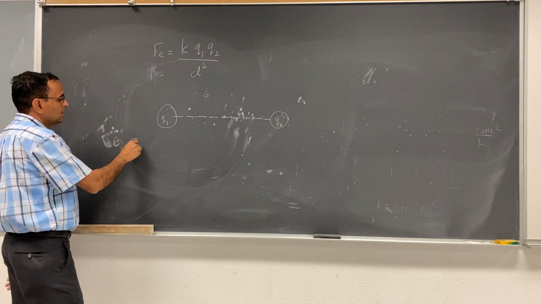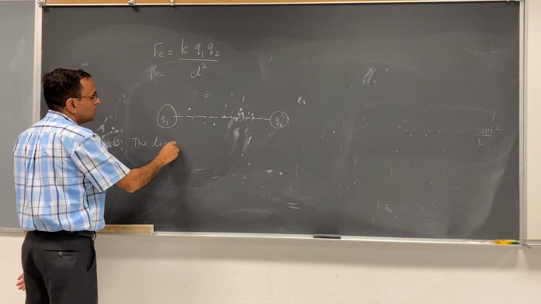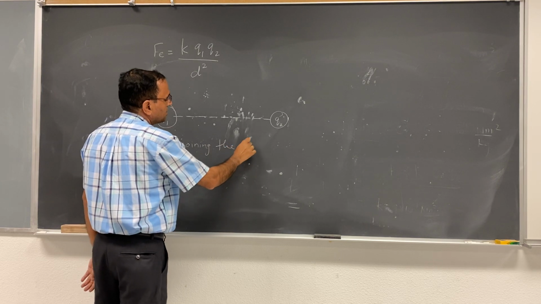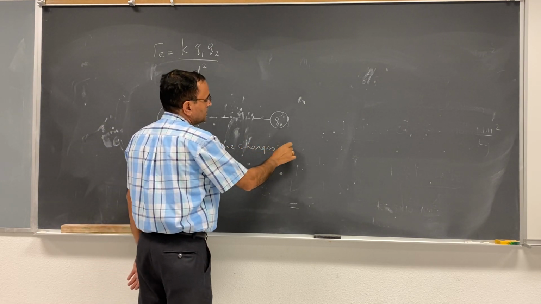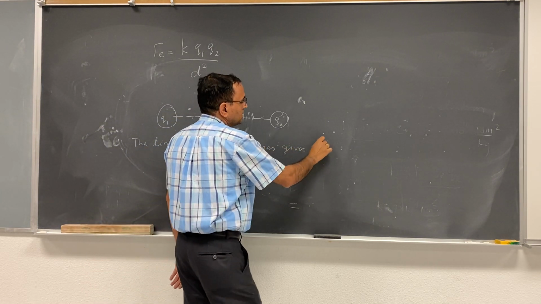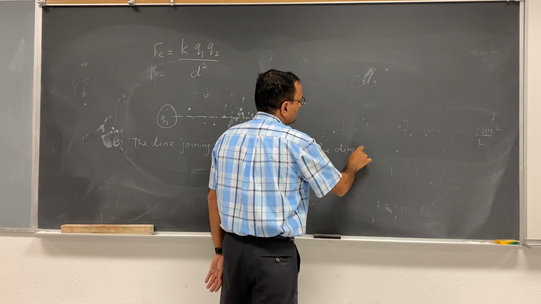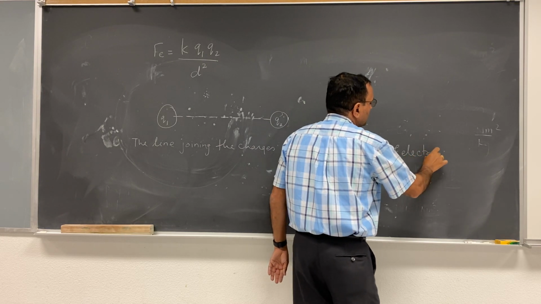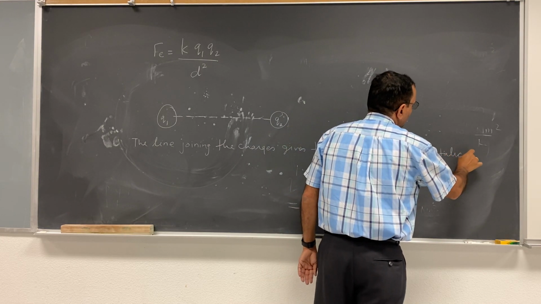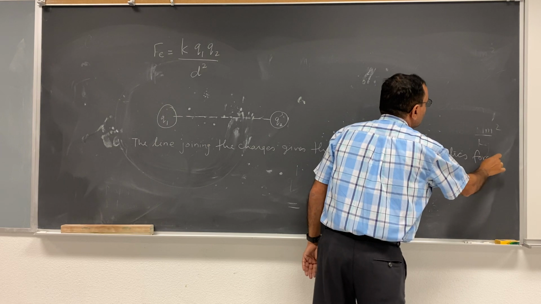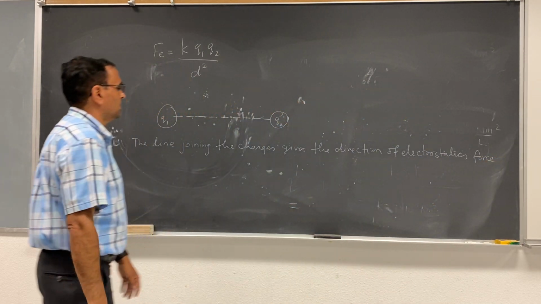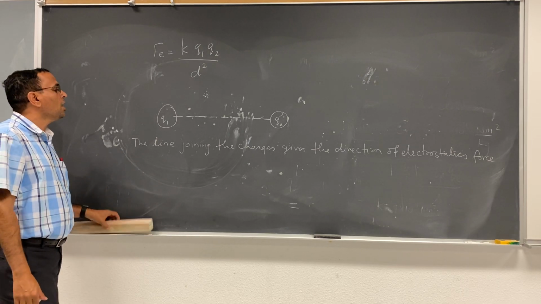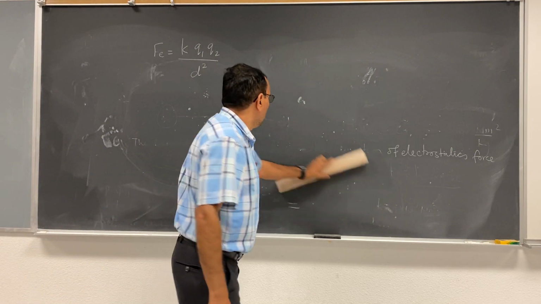The line joining the charges gives the direction of electrostatic force. But how do you get the direction then? I said the straight line joining them gives you the direction of the force. How? Look at this. Okay, it depends.